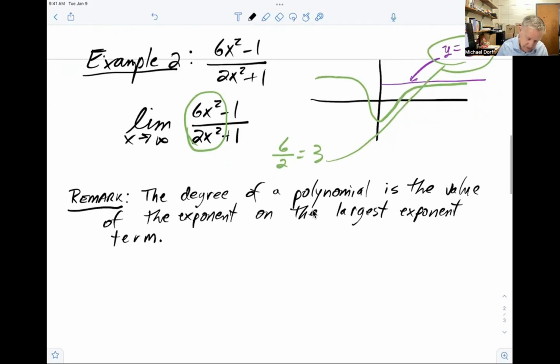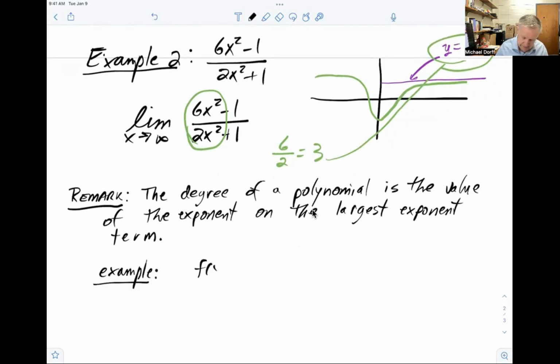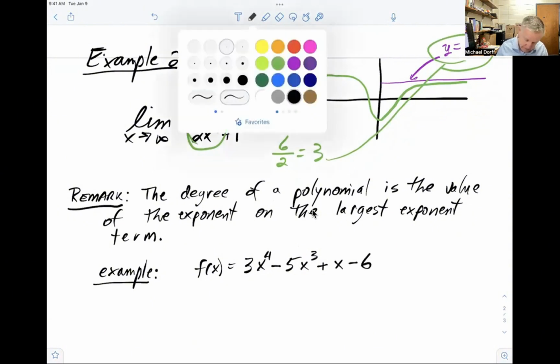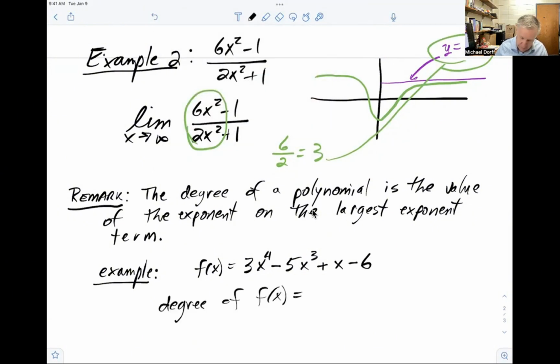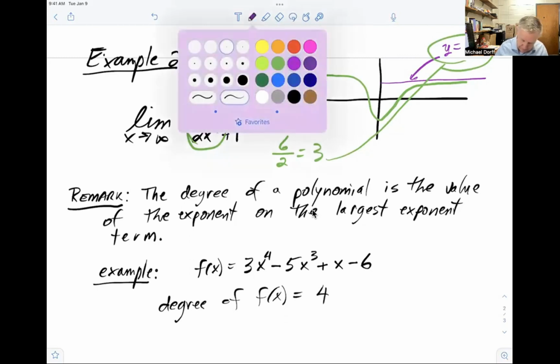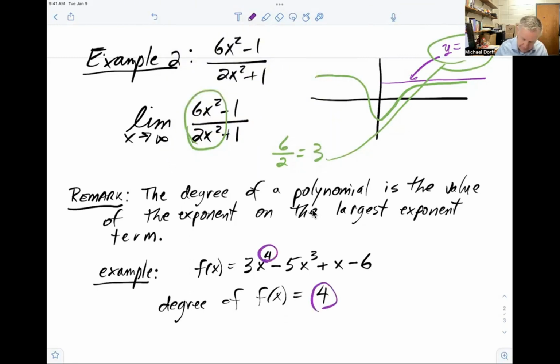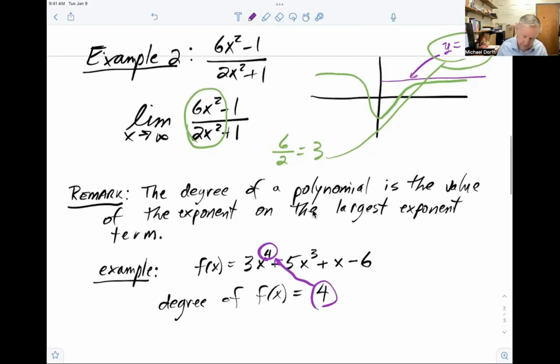So for example, if I had something like f of x equals 3x to the 4th minus 5x cubed plus x minus 6, then the degree of f equals 4. And that's because this 4 matches the 4 there. That's the largest exponent on that function there.